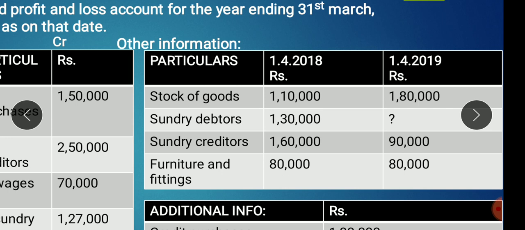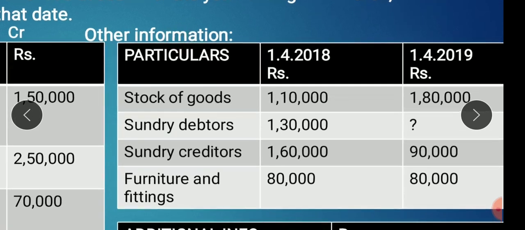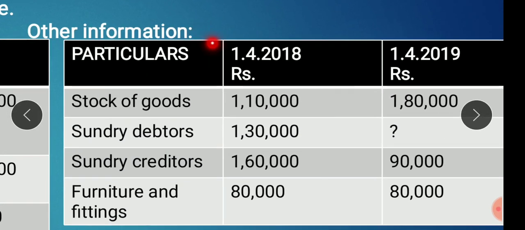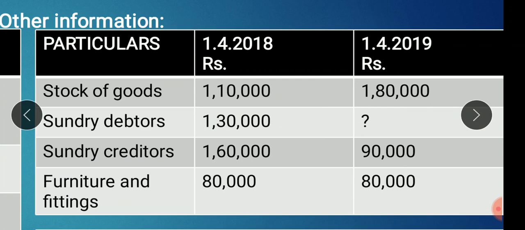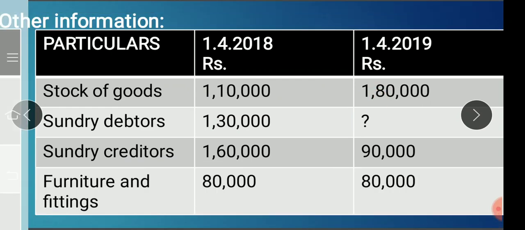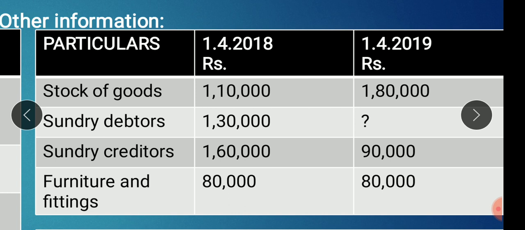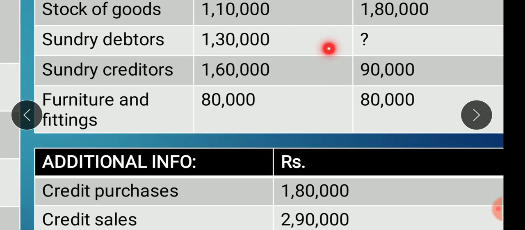Sundry debtors 1,30,000 the first year; the second year value is not given, so the closing debtors value is not given in the question. Sundry creditors 1,60,000, 90,000. Furniture and fittings 80,000, 80,000.